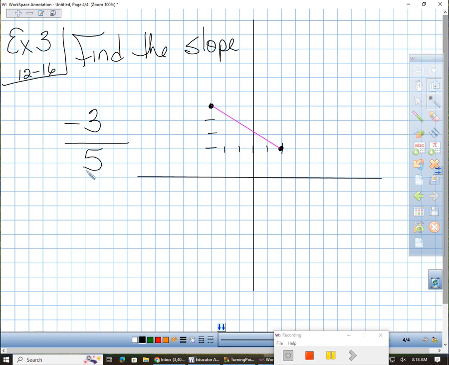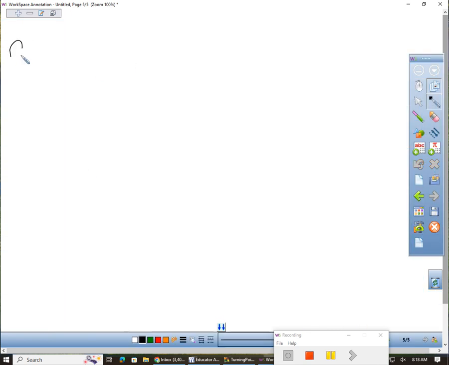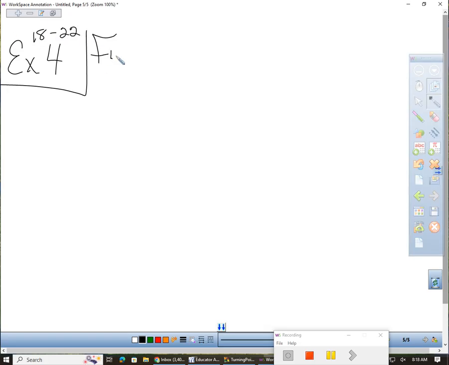Okay. Example number 4. This is what you are doing for 18 through 22. Find the slope. But this time it's between 2 points. Okay?